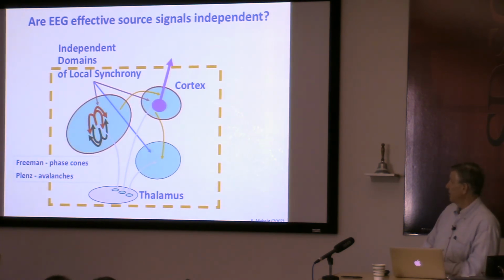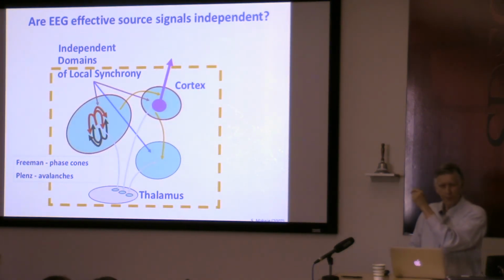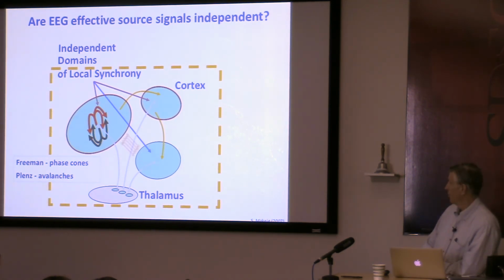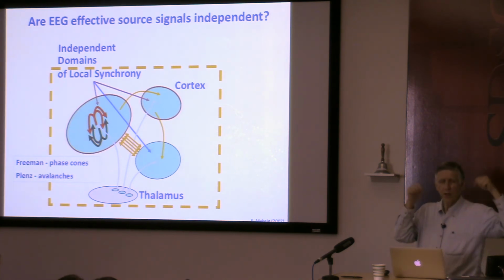And of course, their sign is that their scalp projection should resemble that of a tiny equivalent dipole, a tiny oriented battery somewhere in the middle of the patch or near the middle of the patch. Now, of course, some cortical regions are connected bidirectionally by white matter tracts.